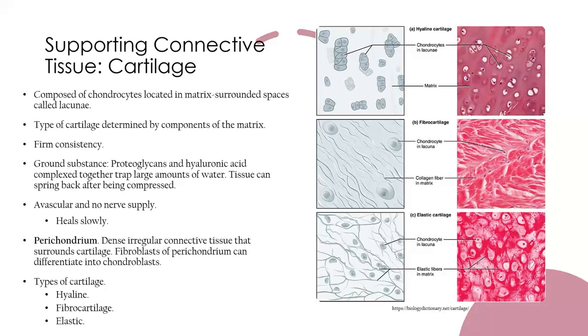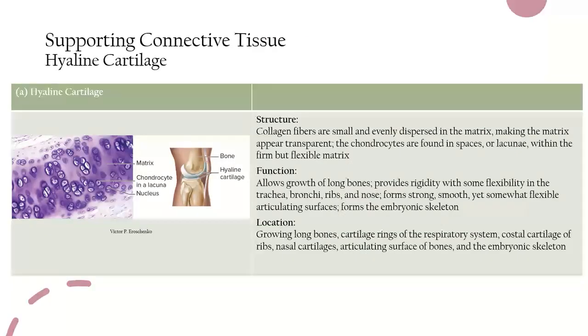Those 3 types depend upon their structure and their function and their location. It changes based upon what they need to do. So again, function determines structure, or structure determines function. You can go back and forth, but I think in this case, really function determines structure. Like hyaline cartilage, you have small collagen fibers, evenly dispersed, typically transparent, found in spaces or lacunae.